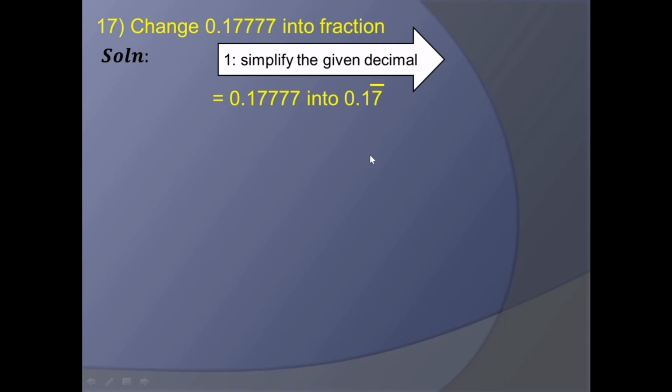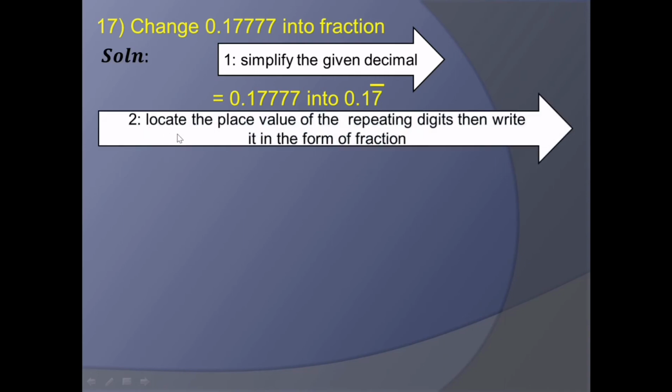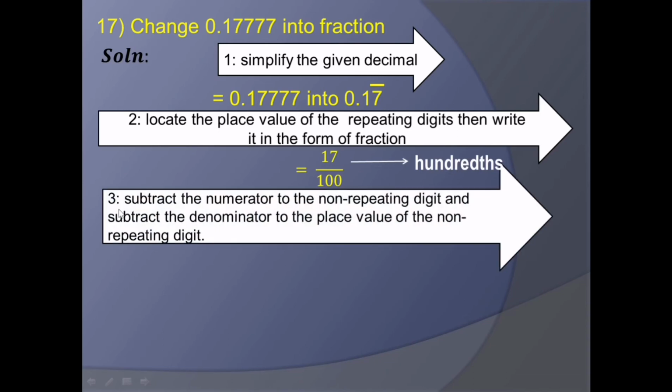Second step is to locate the place value of the repeating digits, then write it in the form of a fraction: tens, hundreds. So probably the denominator should be 100 because 7 is in the hundredths place. Then the third step is to subtract the non-repeating digits from the numerator. The non-repeating digit here is 1.